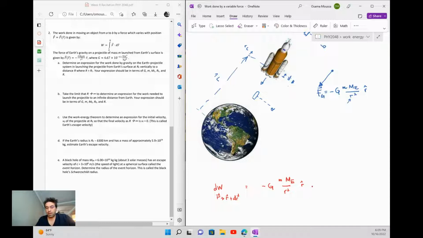And then I dot that with the little dr because that's the infinitesimal amount of displacement.